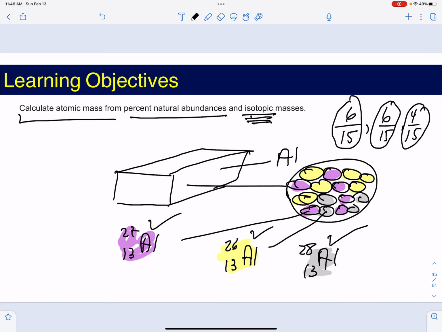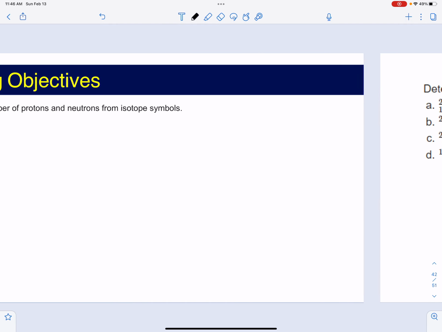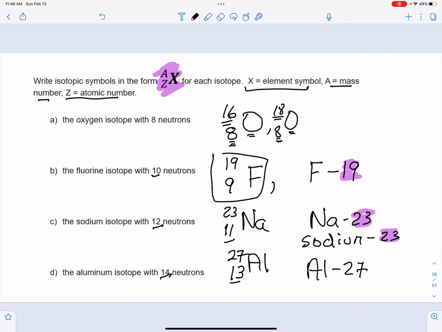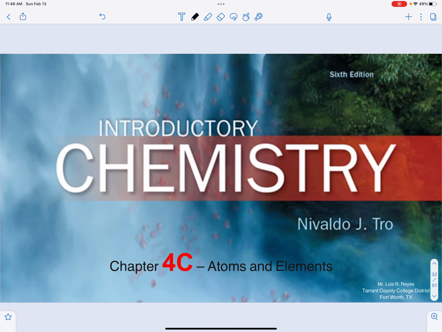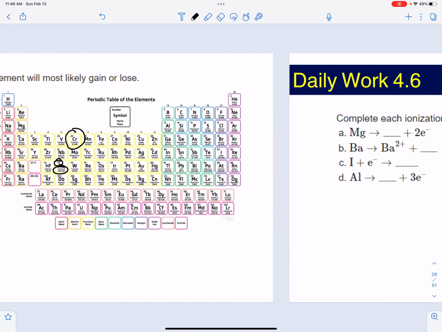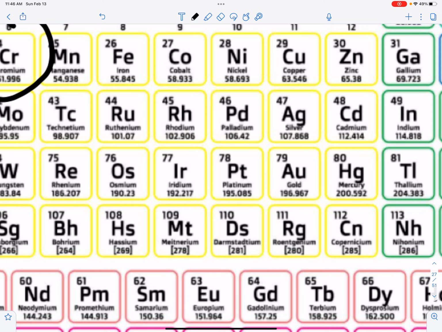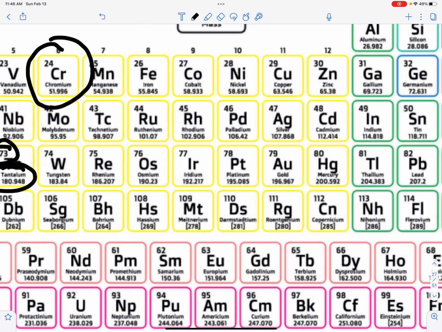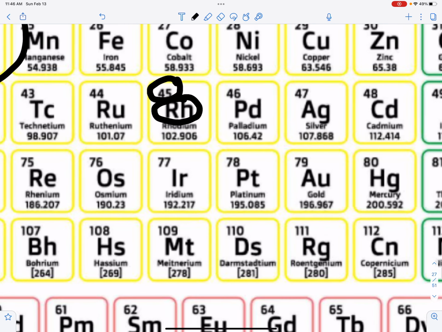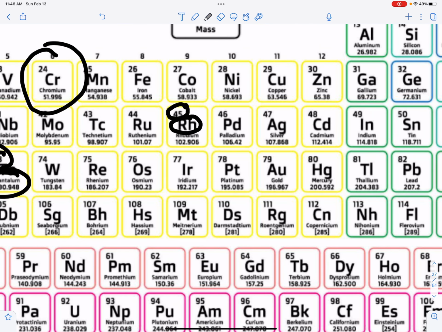So when we go to the periodic table, let me show you something here, right? You're going to notice that it shows you the symbol, it shows you the atomic number, and it shows you something else. It shows you this number there. That's what we call the atomic weight. So the atomic weight is going to be based on how much of every isotope you have.